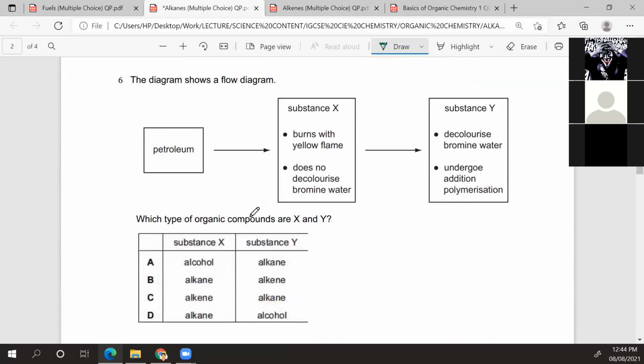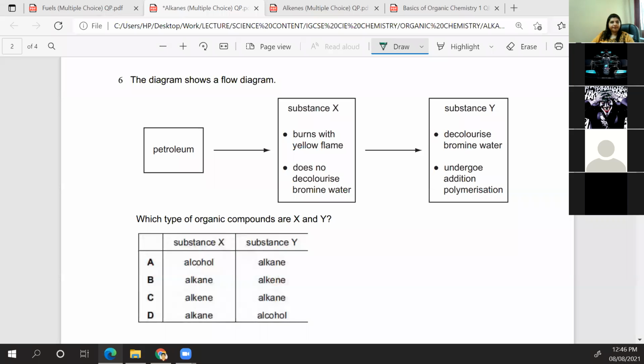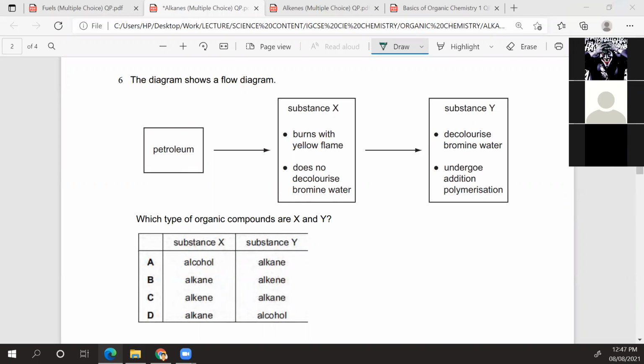Okay. Question number 6, again 1 minute time. So Arnav is going to help me in this. Arnav, from petroleum you get substance X, which burns with a yellow flame and does not decolorize bromine water. Not decolorizing bromine water means it will be an alkane or alcohol.